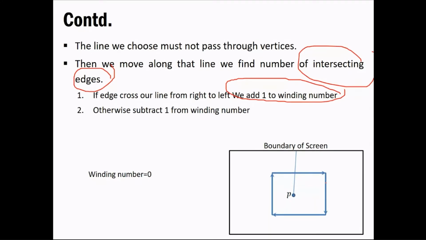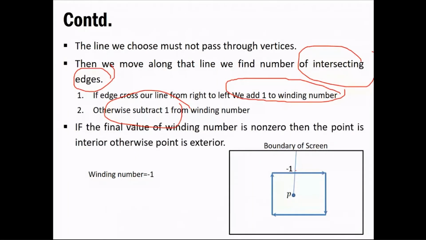So this case is getting satisfied, that is the second case given over here. So you just have to add -1, that is, subtract 1 from whatever you have in the counter. In our case we have the value 0, the initialized value, so -1 will be our updated value.